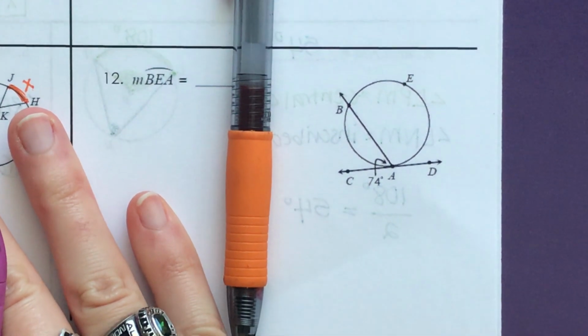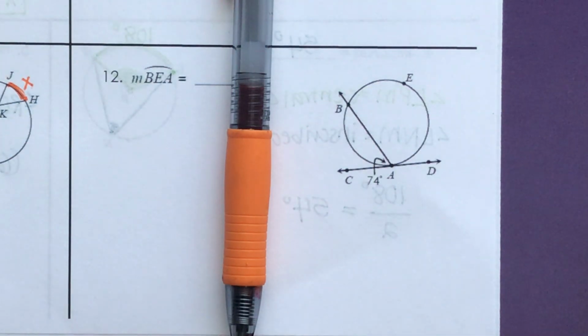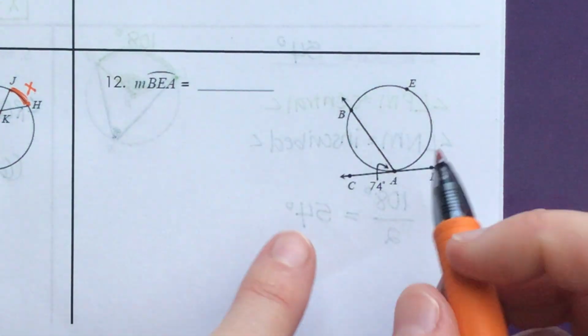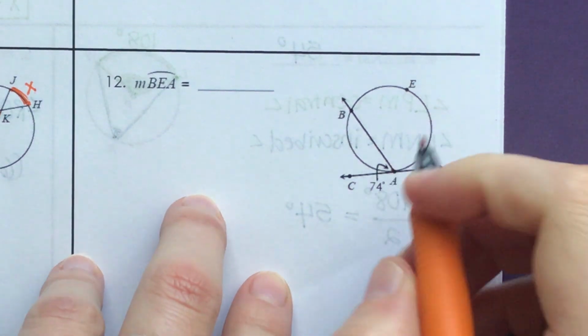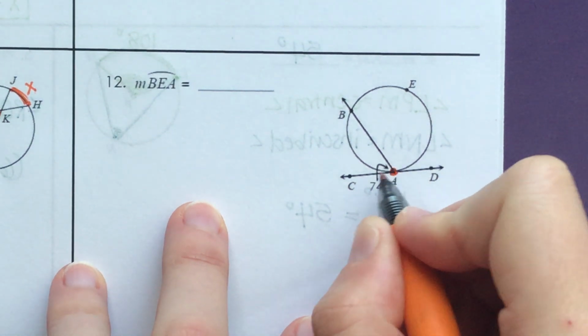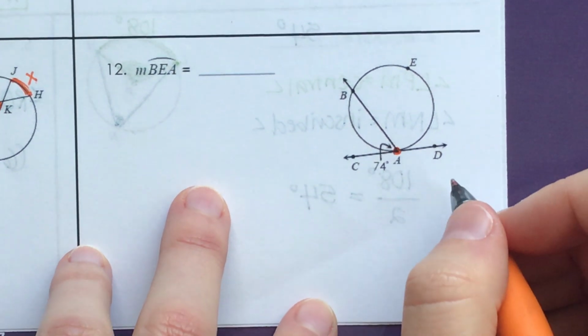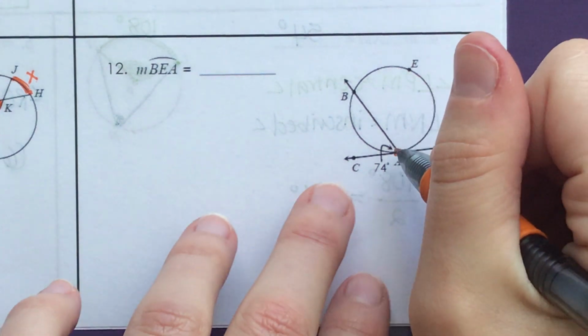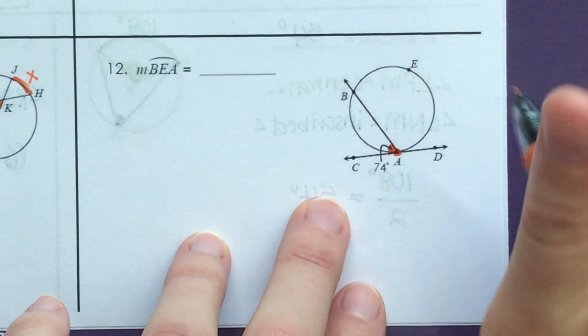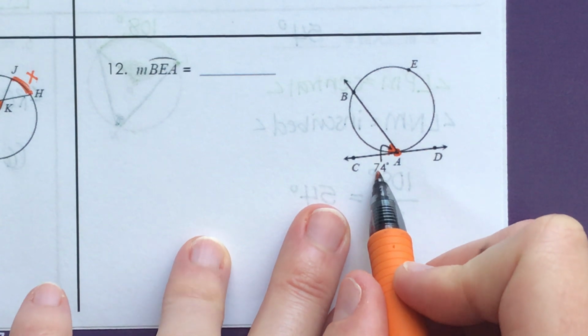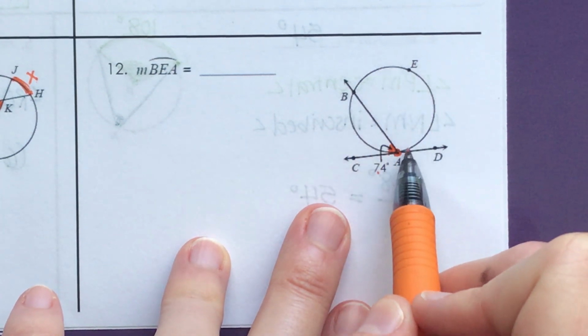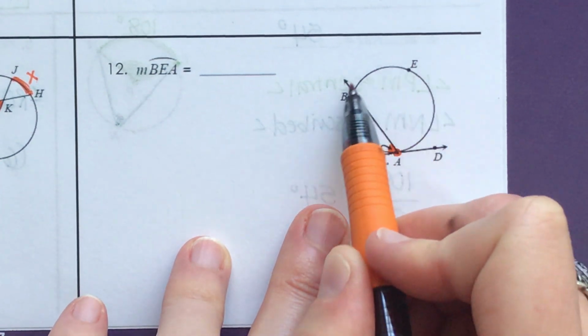Okay, number 12. Again, I've got some intercepted, I've got an arc that is on the actual circle. So I've got arcs formed by a line that goes onto the actual circle here. Now, I know this angle right here is 74 degrees. I want to know BEA. I want to know what this whole arc measure is over here.